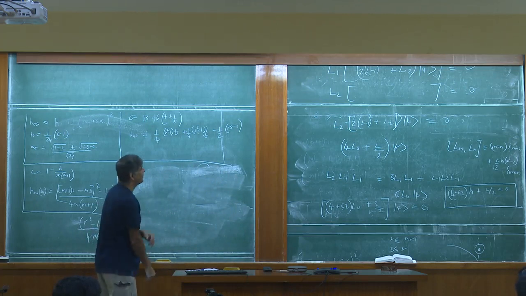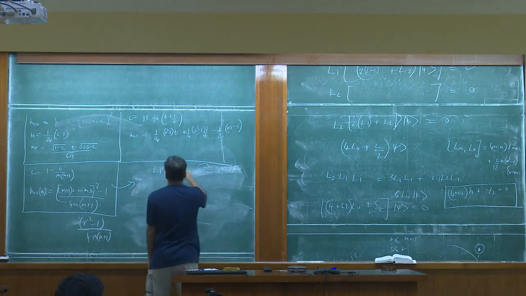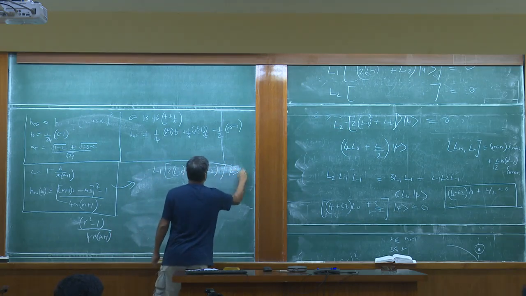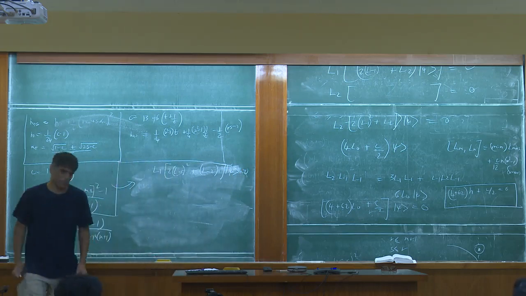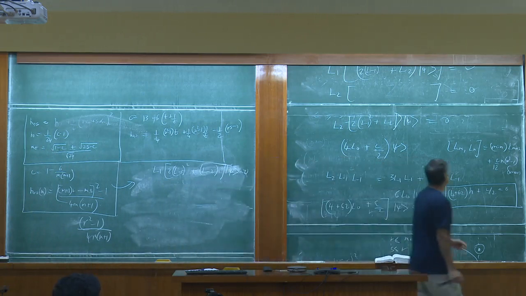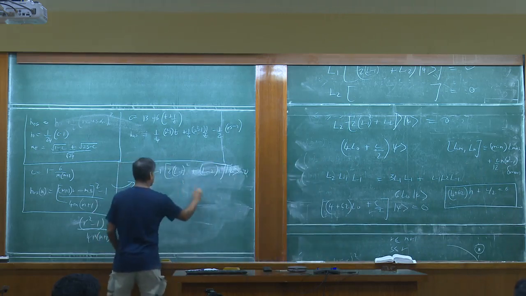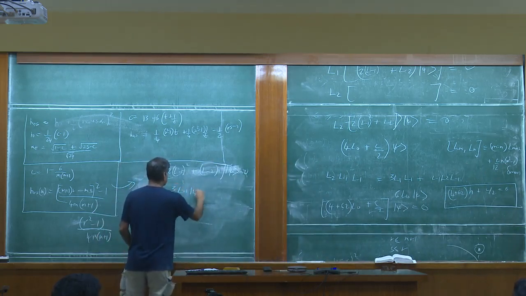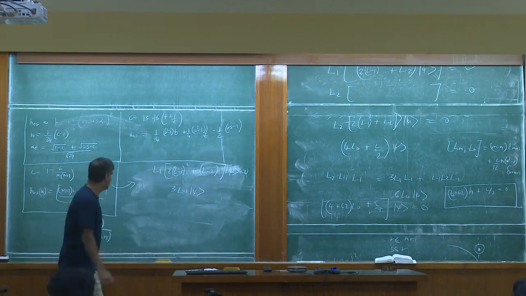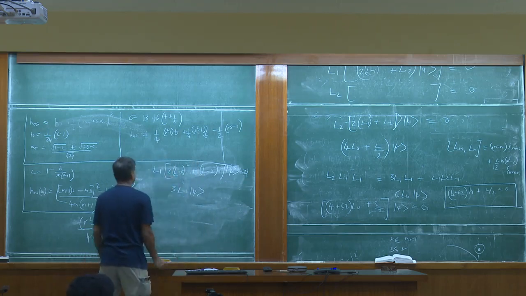The second equation comes from acting with L1. So we have L1 on eta L minus 1, the whole thing squared, plus L minus 2 on psi is equal to 0. So let's do this. Let's first again do L1 with L minus 2. So we get 3 L minus 1 on psi. Now what about this guy?